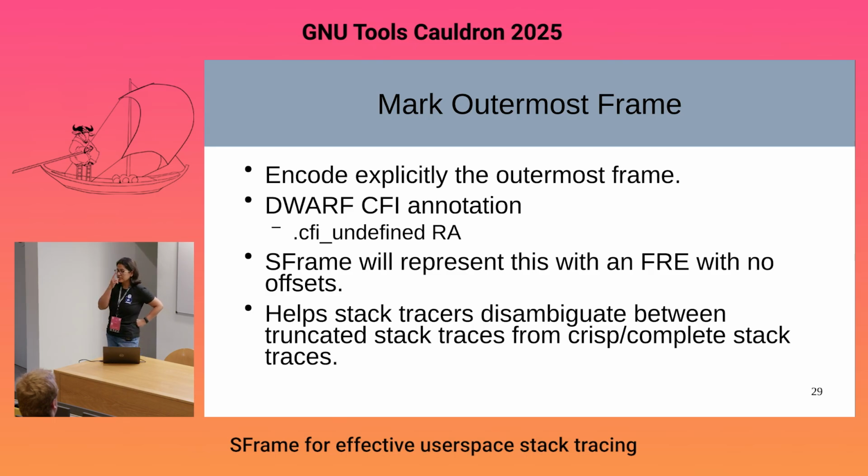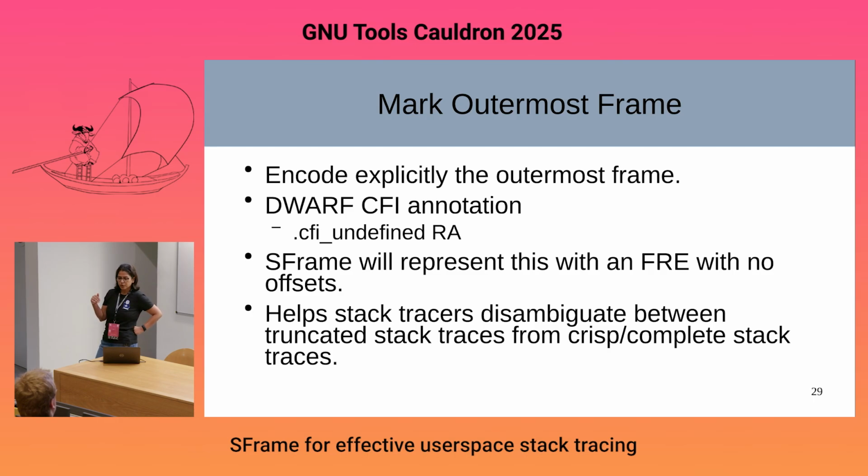The second feature that Jens is working on, he did talk about this briefly in his presentation too. Well, actually, he did give more detail, so I'll talk briefly about it. Marking outermost frames. So far, SFrame has not had the capability to indicate the outermost frame. DWARF does have this capability. DWARF clearly indicates DW_CFA_undefined.